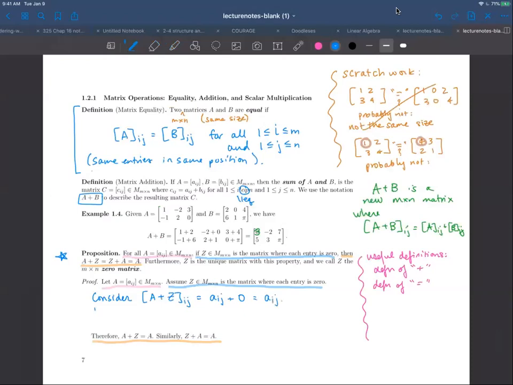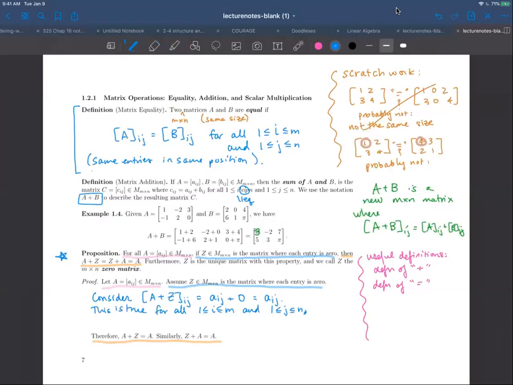Right? This is true for all i between 1 and M and j between 1 and N. And that's what it means for matrices to be equal.